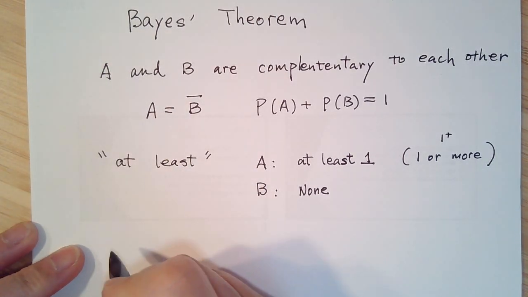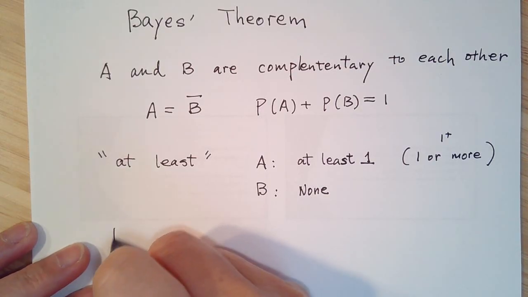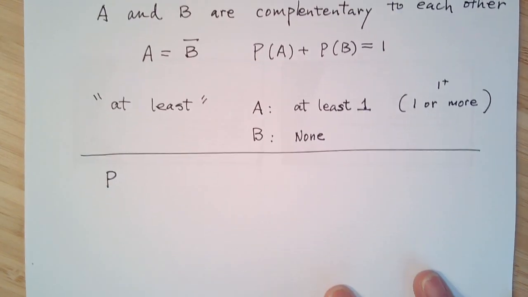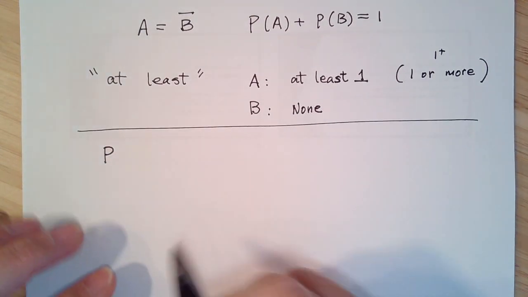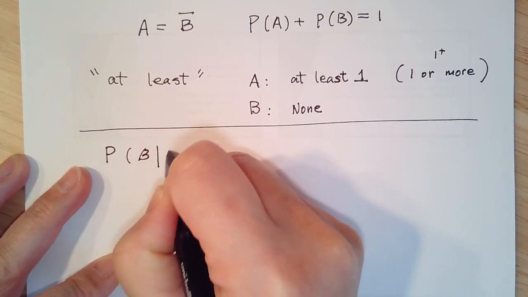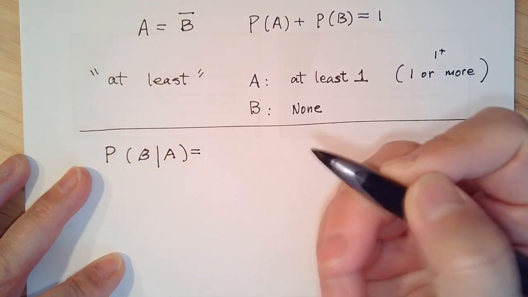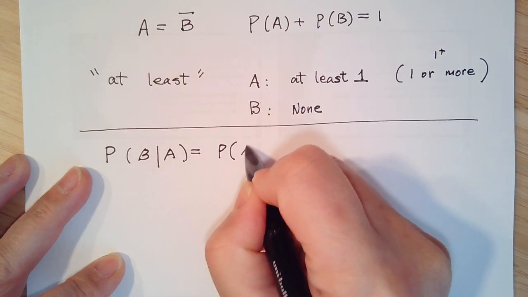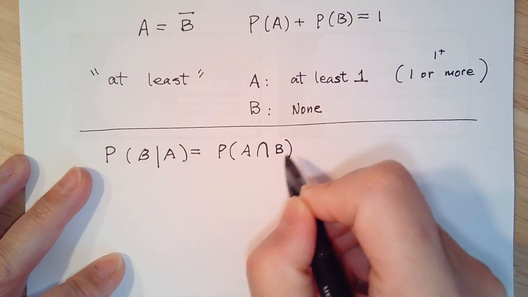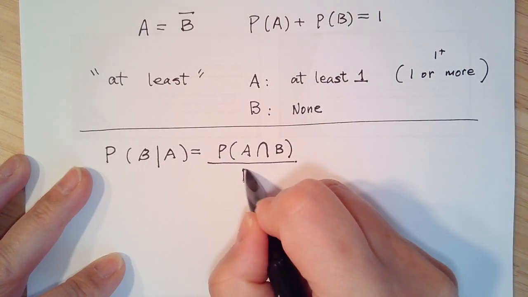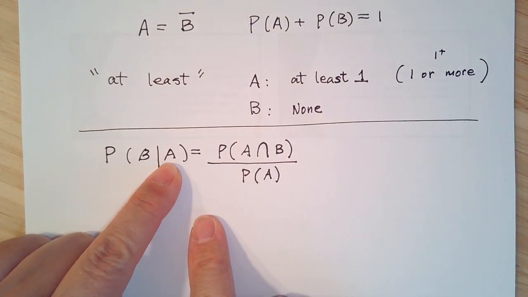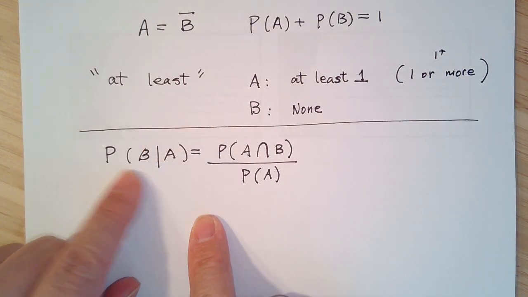And the other quick review is conditional probability. Now it's a different A and B, okay? So forget about the previous A and B, which were complementary to each other. The probability of B given A would be the probability of A and B divided by the probability of A. So given this thing happened, we just assume this is happening, and then what is the chance to get B?